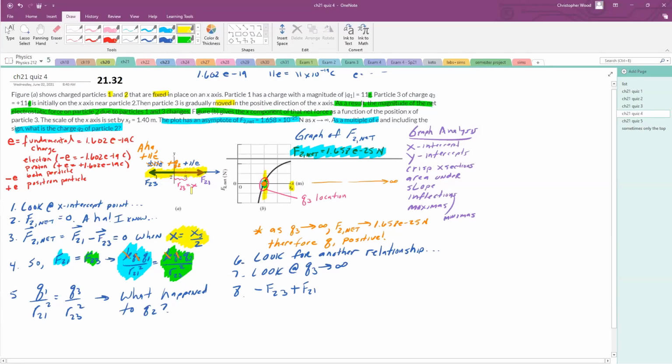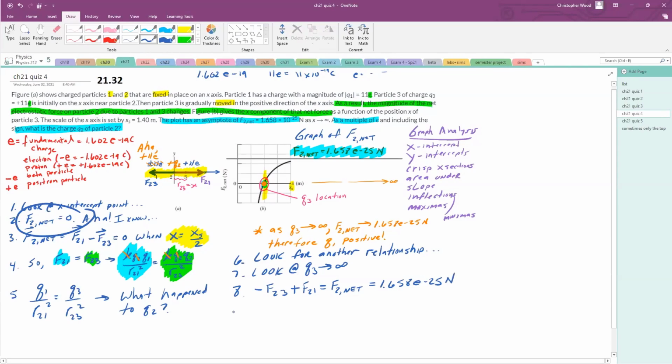But in this case, when Q3 is at infinity, here's the net force. It's not equal to 0. It equals F2 net. And instead of F2 net equaling 0, like it did right here, F2 net now equals 1.658 times 10 to the minus 25 newtons.